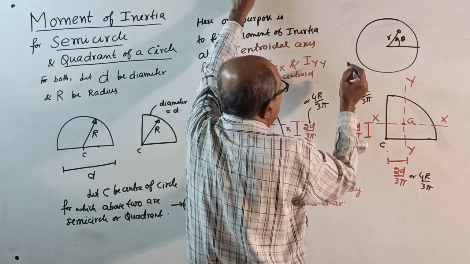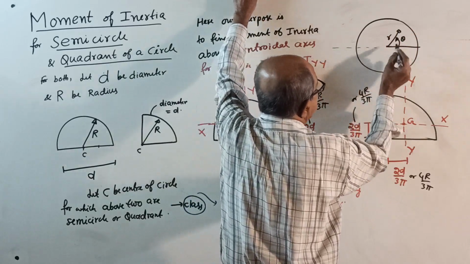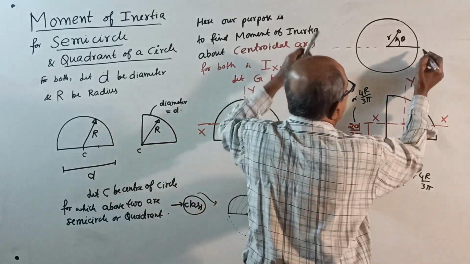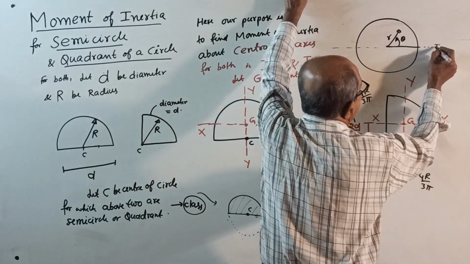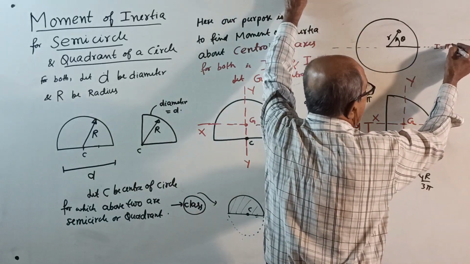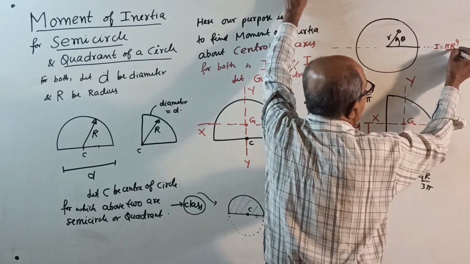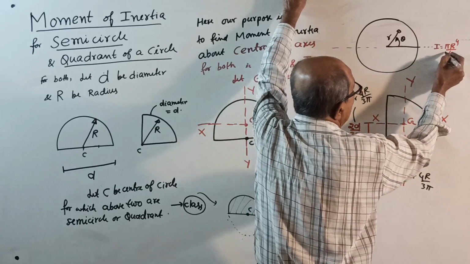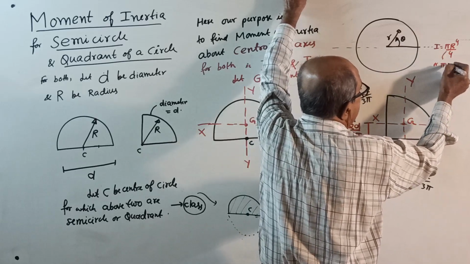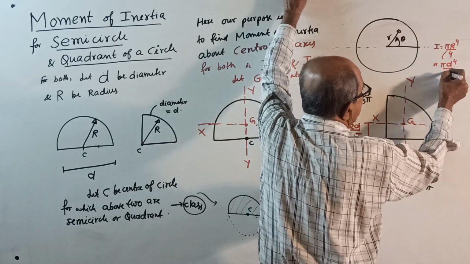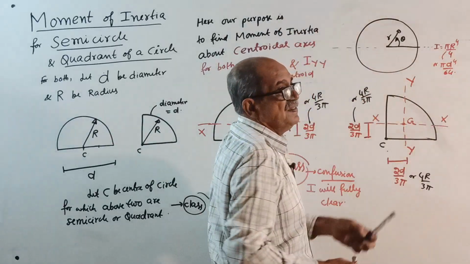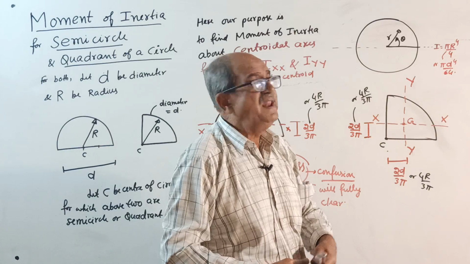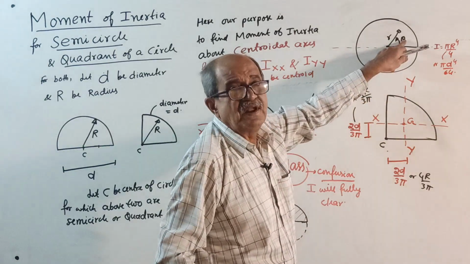Then I got I about this axis as pi r power 4 by 4 in terms of radius, or pi d power 4 by 64. This derivation was done for the full circle.